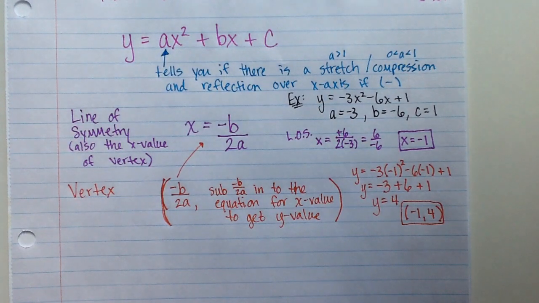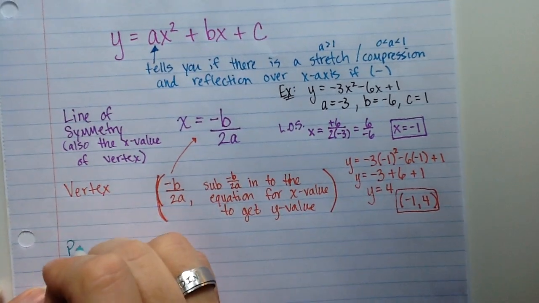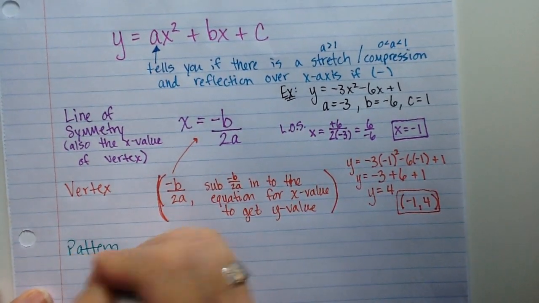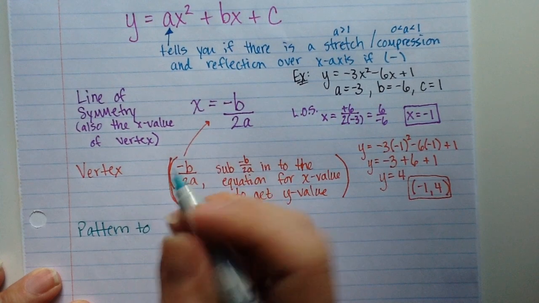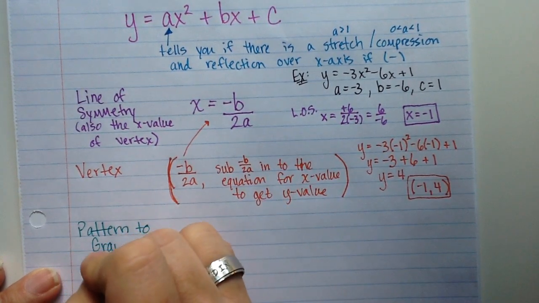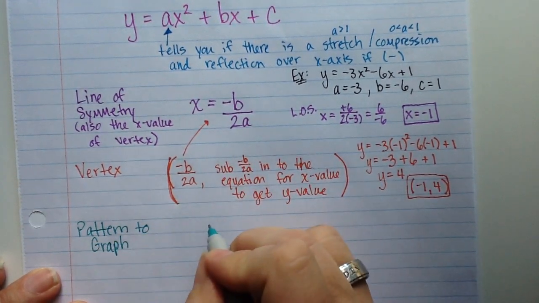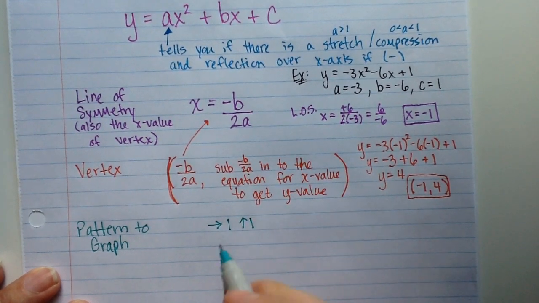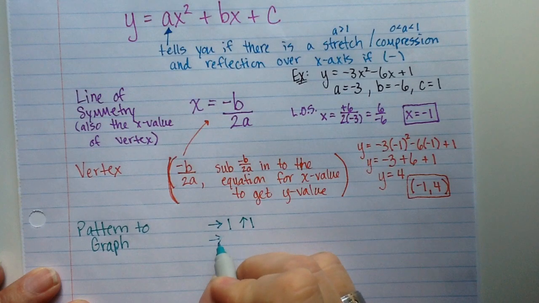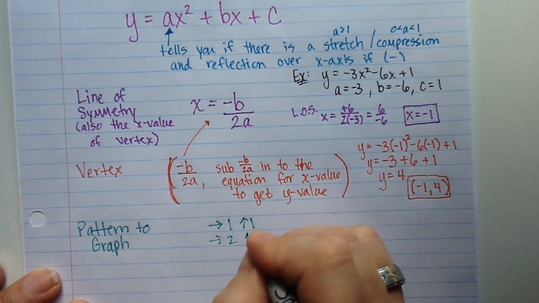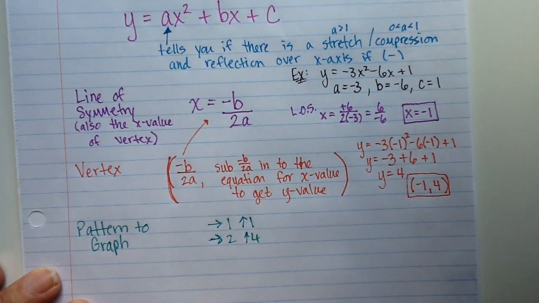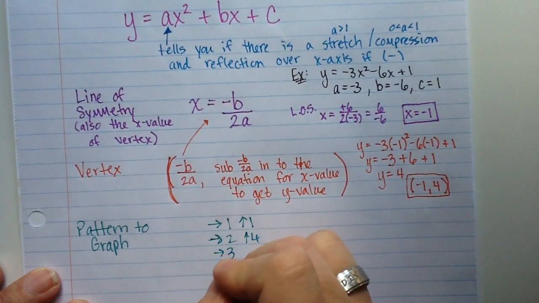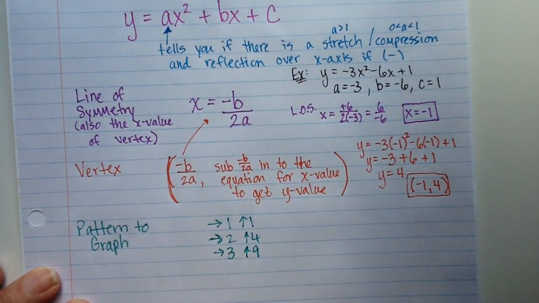The pattern to graph these parabolas is going to be the same as it was when you were working with vertex form. So remember, the general pattern was to go over 1, up 1, and then you go back to your vertex and you go over 2, up 4, and then go back to the vertex again, go over 3, up 9.